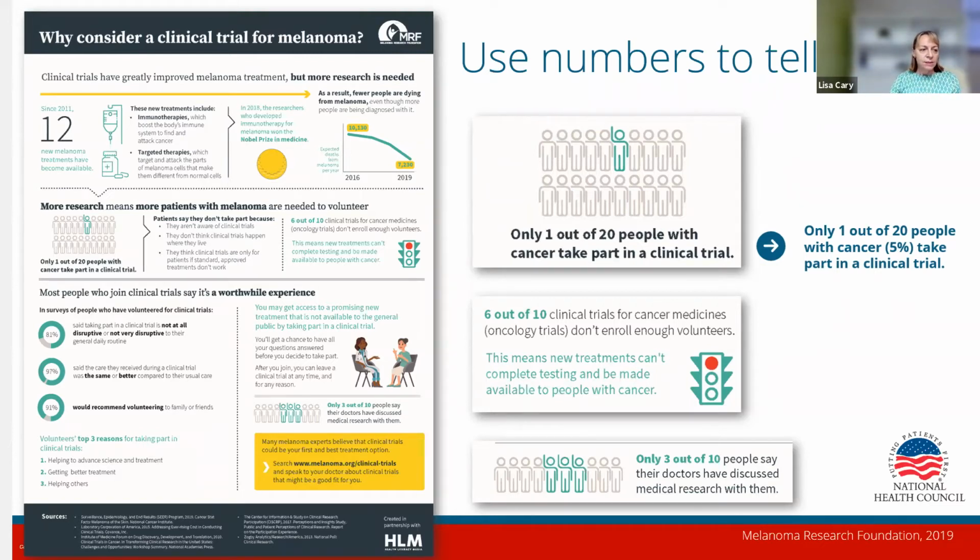And you can see on this page, we've used visuals, we've got the donut charts and different ways to make these numbers interesting and really tell people a story about this.